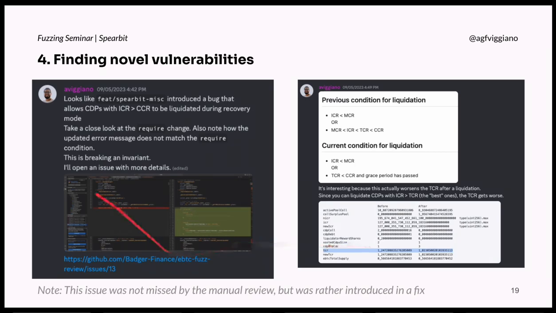And the bug was a very simple logic issue where there is a single require statement, and as a result of a refactor, it was broken into an if-else clause, and one of the branches of the if-else clause was implemented wrong. So we found it with the invariant and later fixed it.